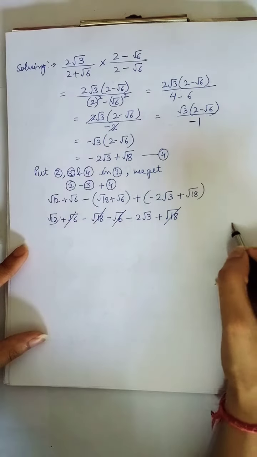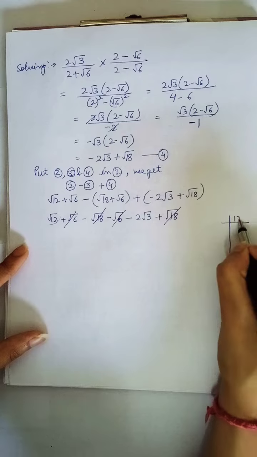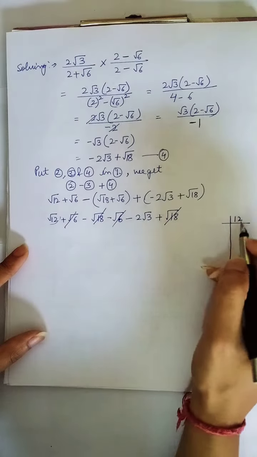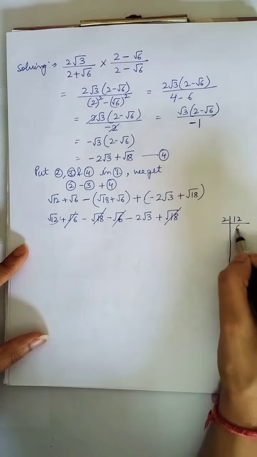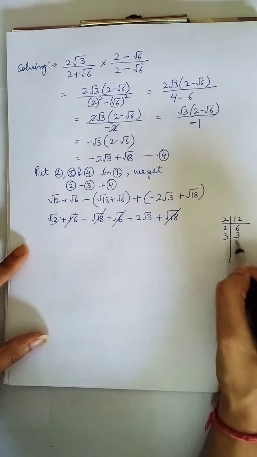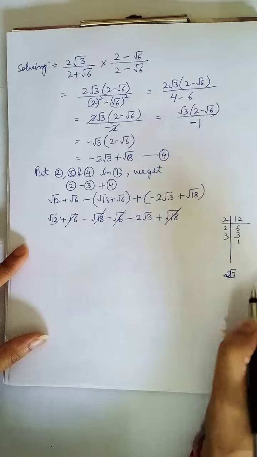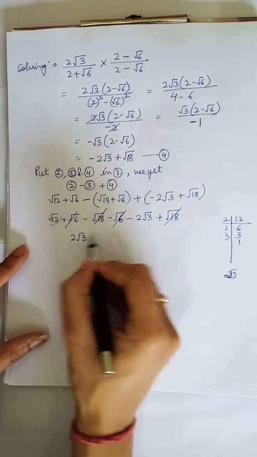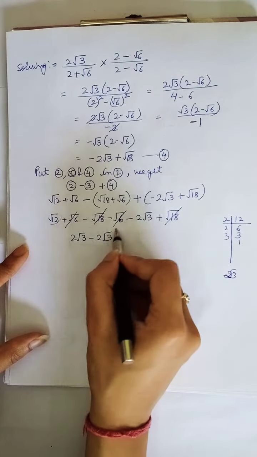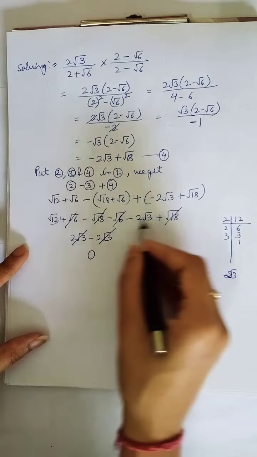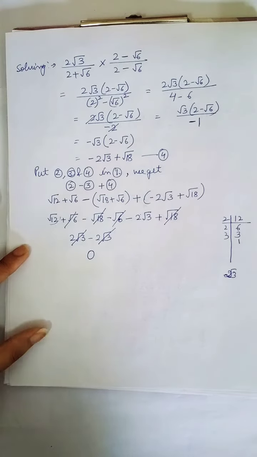Now we can solve root 12, right? Yesterday also we have solved, 2 6s are 12, 2 3s are 6 and 3 1s are 3. So we can write it as 2 root 3. So I am writing root 12 as 2 root 3 minus 2 root 3, again cutting, so the answer is here as all the terms are cut out.